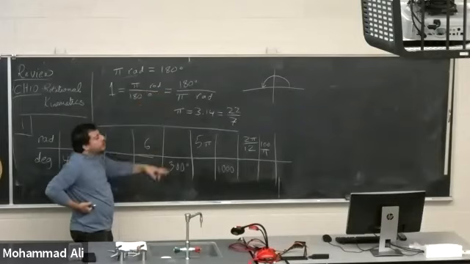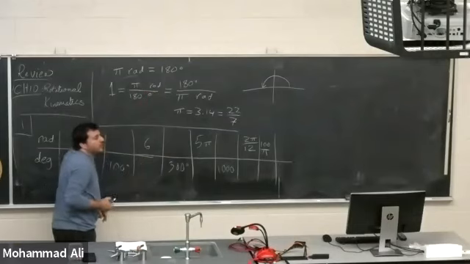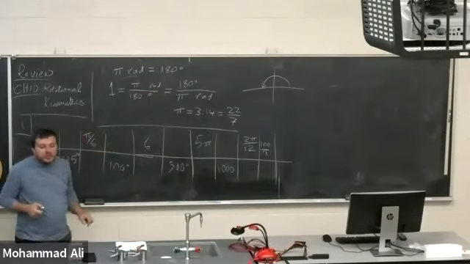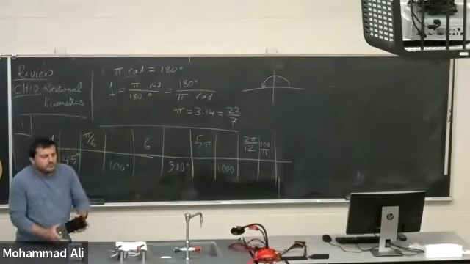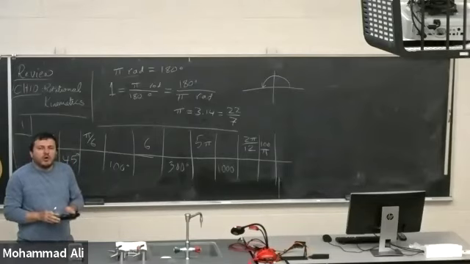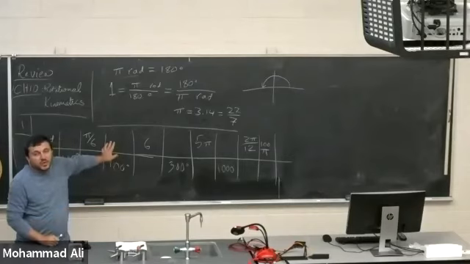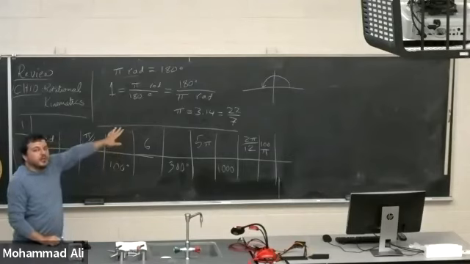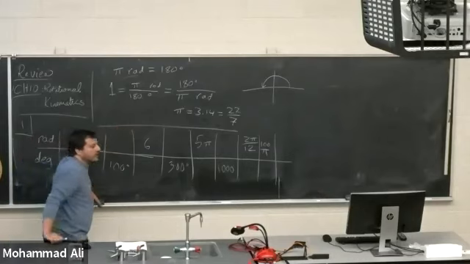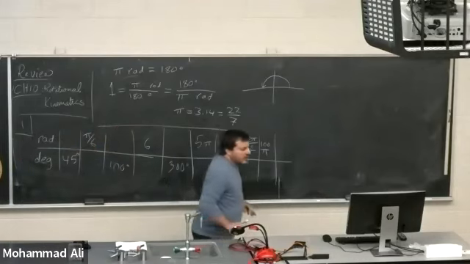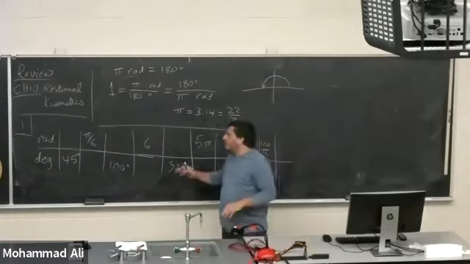Just see what you need to do and be careful about your calculator. Most of our calculations from now on are in radians, okay? Not like the previous material, where I told you we would deal with degrees. Now we will deal with radians.